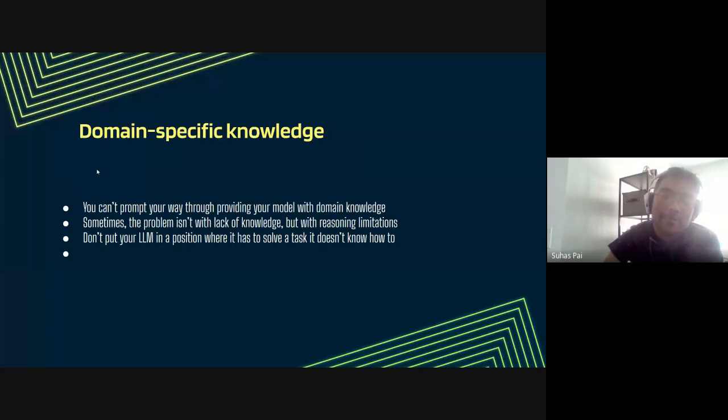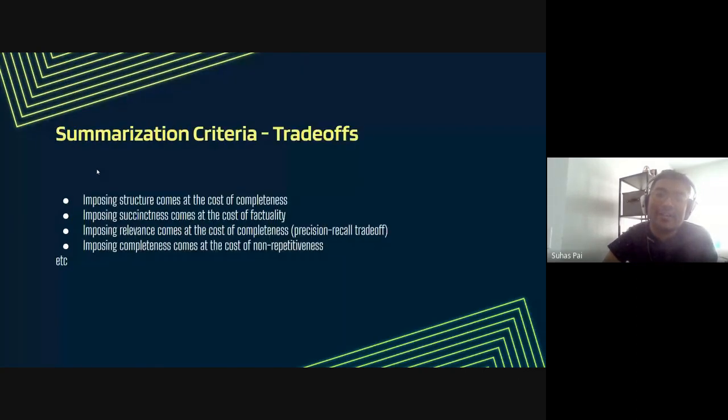And sometimes the problem isn't even lack of knowledge, but reasoning limitations. You don't want to be in a position where you are trying to generate a summary, but you are forcing the model, because of how you gave the instructions, to try to do some reasoning on it.